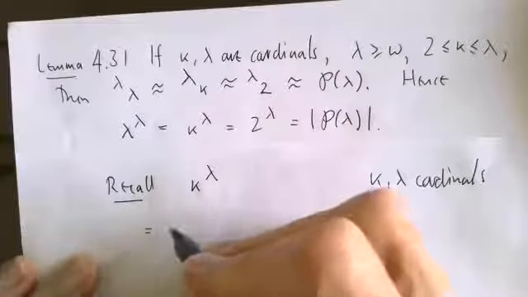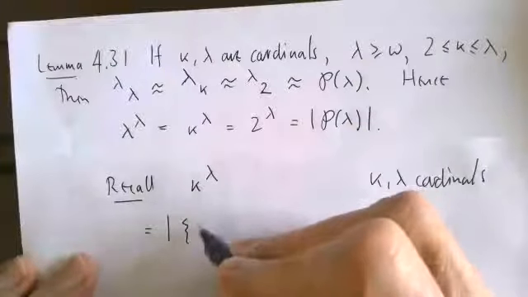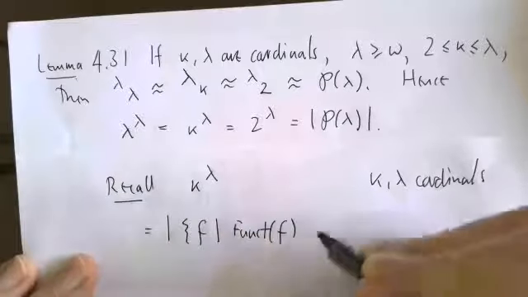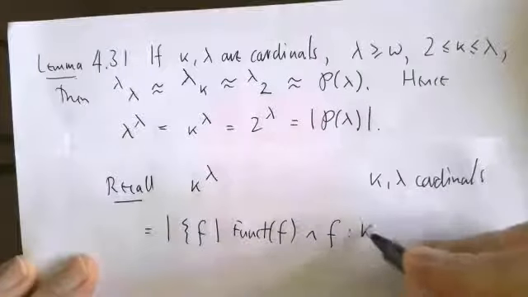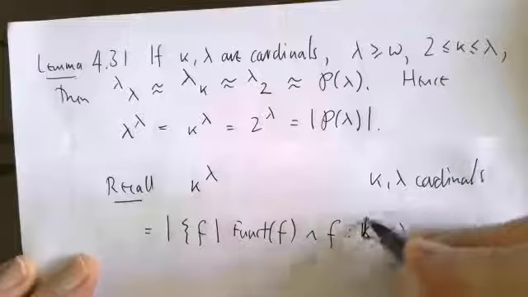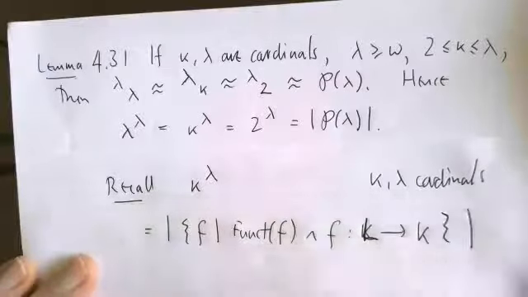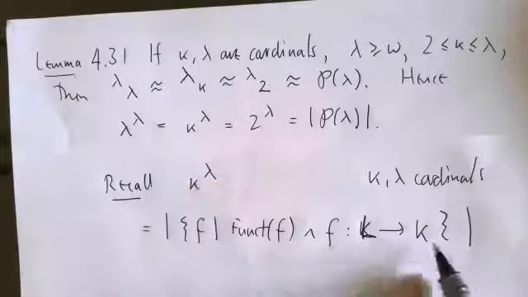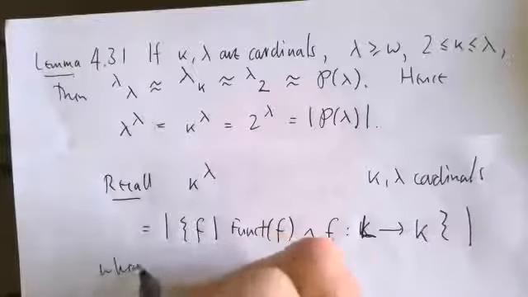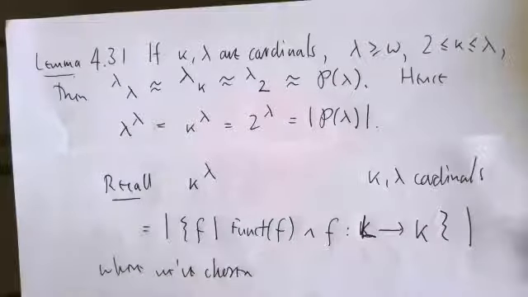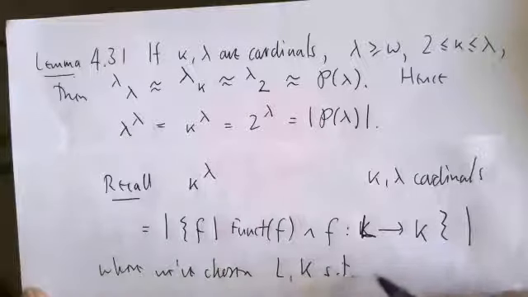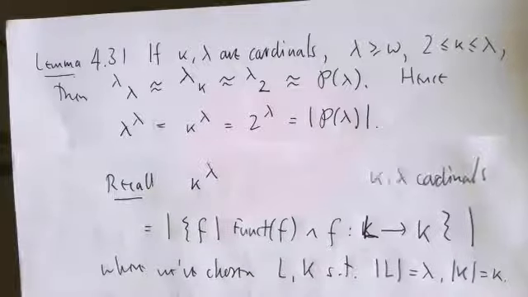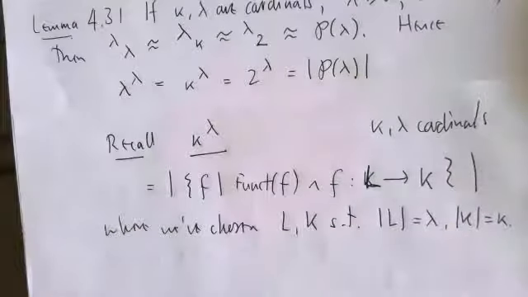We defined this as the size of any collection of functions f, where f is a function and f takes L to K, where we've prearranged some L of size lambda, cardinality lambda, and a K of size kappa. So this is how we defined cardinal exponentiation.